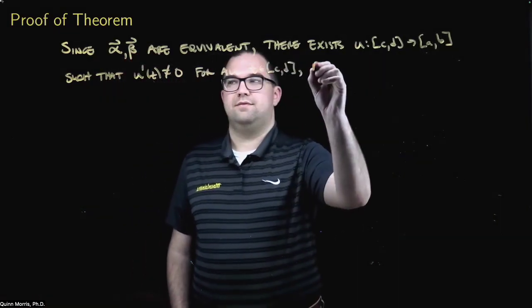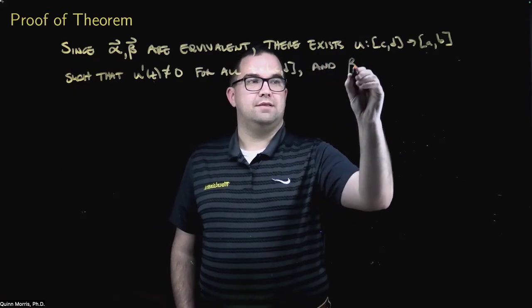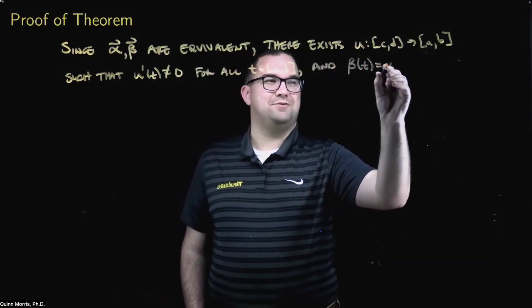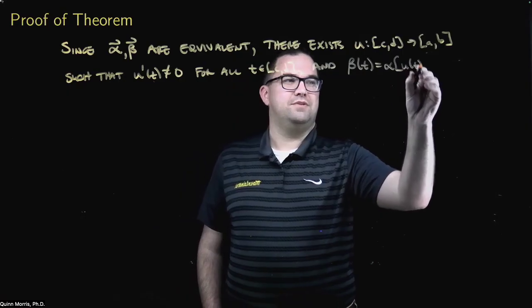And this is the important part: beta of T is equal to alpha of U of T.